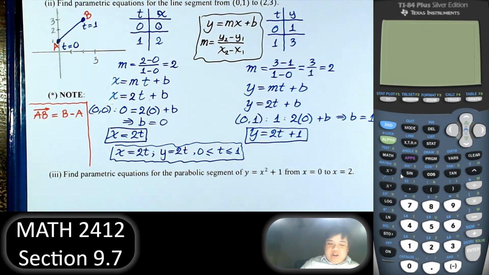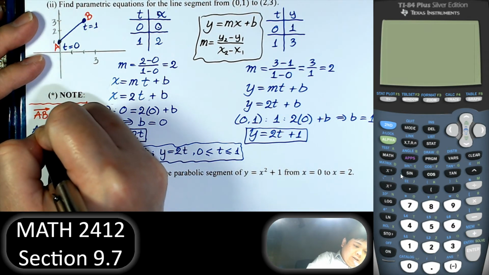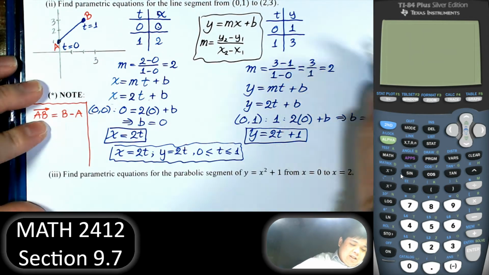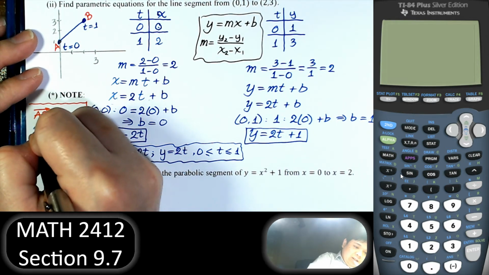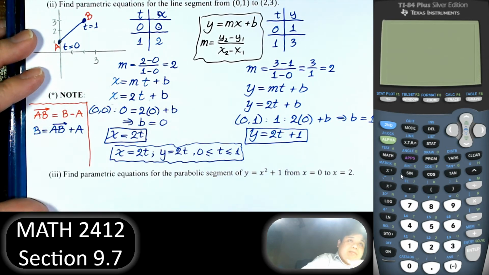That's what I want to write for the note. That means if we want the point B, it's going to be AB plus A.